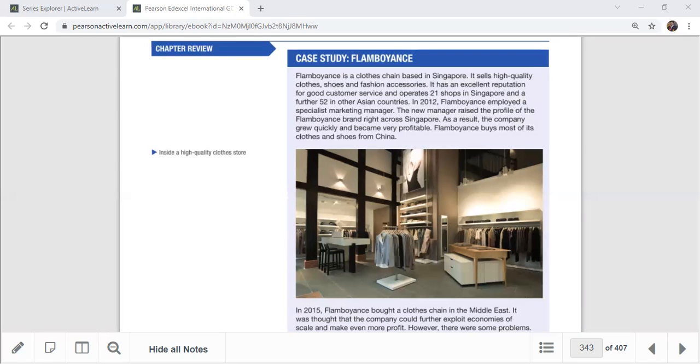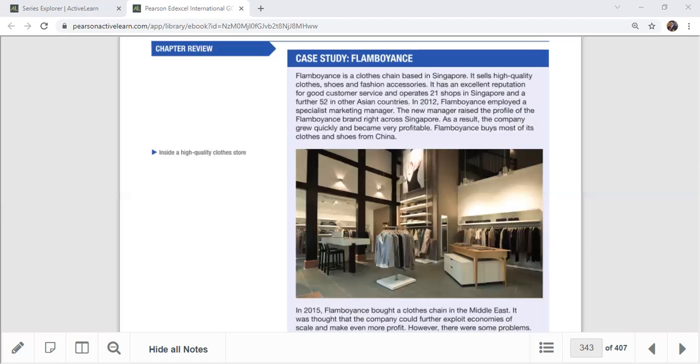The new manager raised the profile of the Flamboyance brand right across Singapore. As a result, the company grew quickly and became very profitable. Flamboyance buys most of its clothes and shoes in China. In 2015, Flamboyance bought a clothes chain in the Middle East. It was thought that the company could further exploit economies of scale and make even more profit.